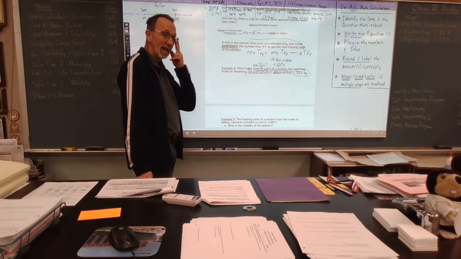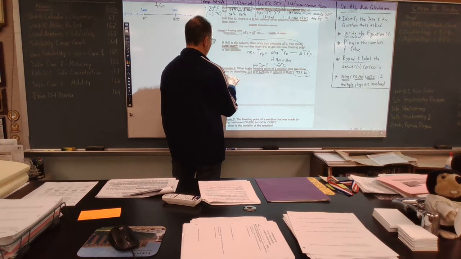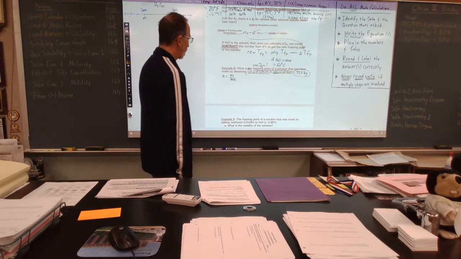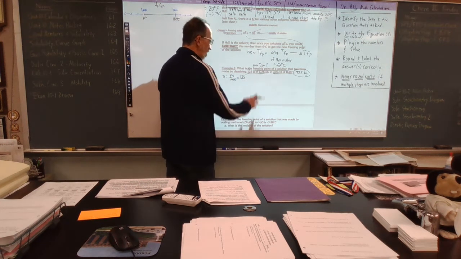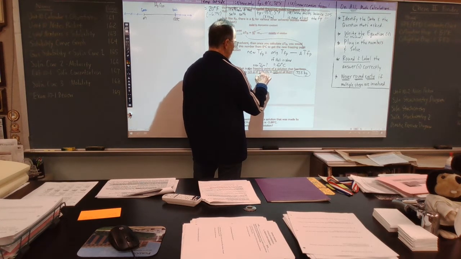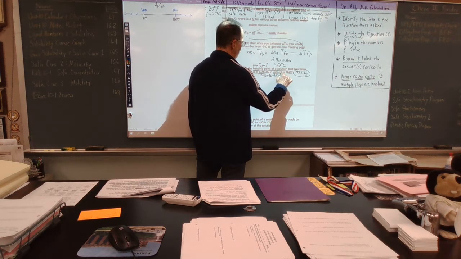So we need to know the molality first. Just like yesterday, we're going to find the number of moles of our solute before we can determine its molality. So the mass is 125, and our solute is glucose, which again is 72, 12, and 96, which is 180 grams per mole.